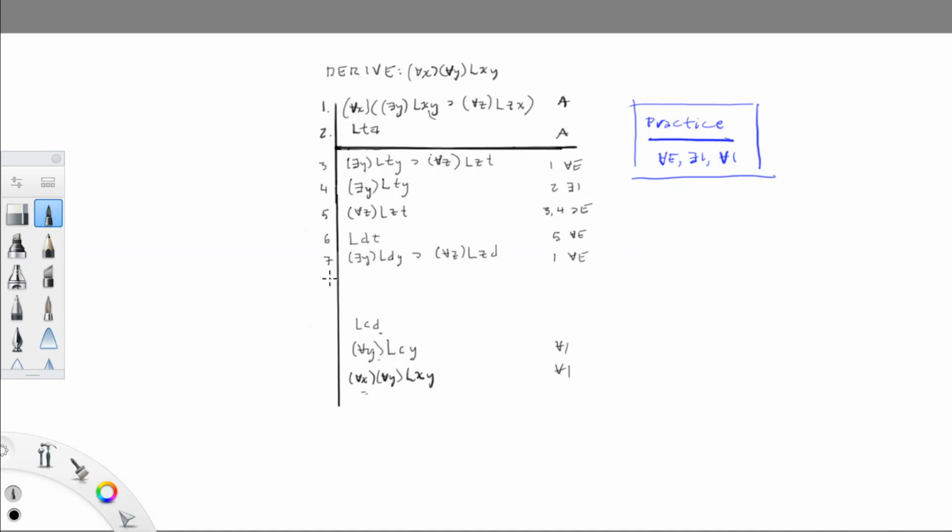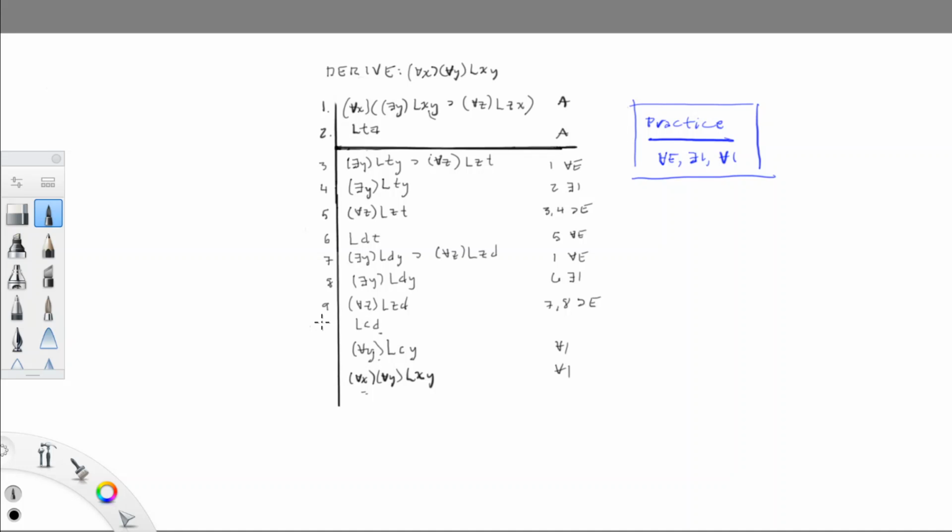And then on line 8, we're going to do existential introduction on line 6, L, D, Y. It's line 6, existential introduction. And then, if you're like me, you see an opportunity to apply conditional elimination. It's almost irresistible. For all Z, L, Z, D. That's lines 7 and 8, conditional elimination. Okay?